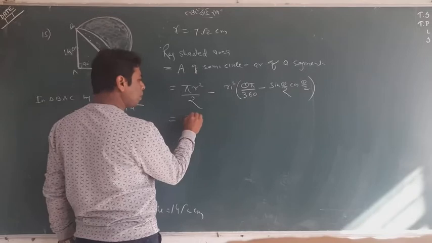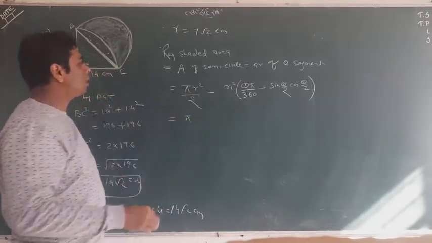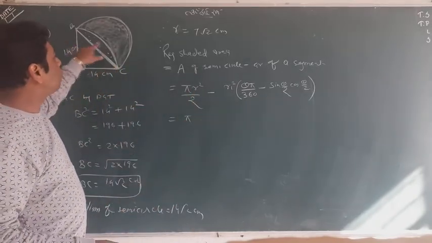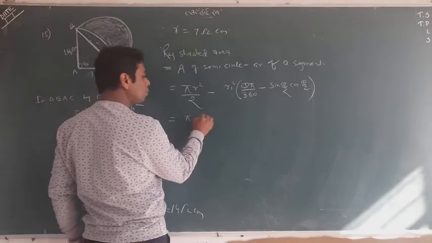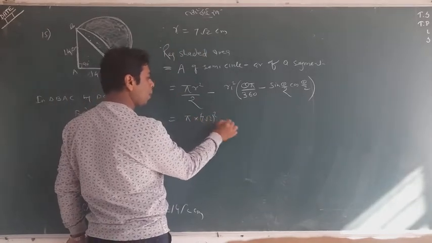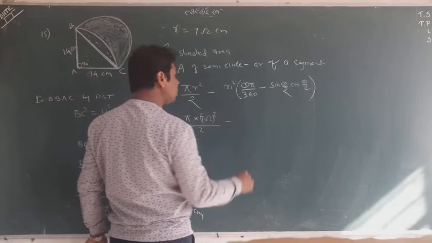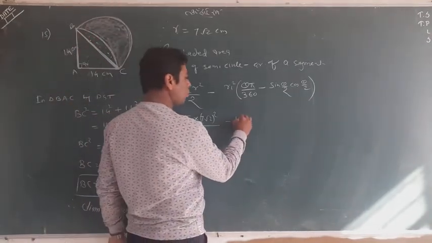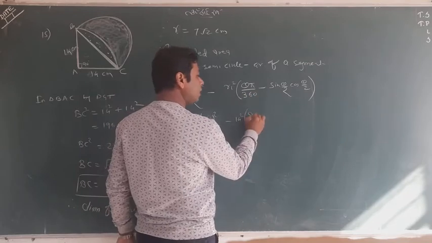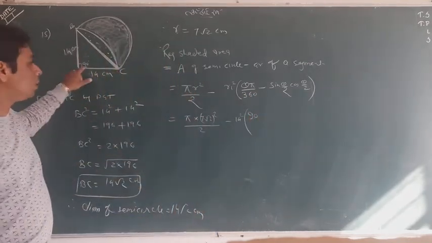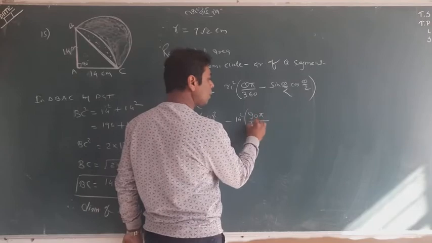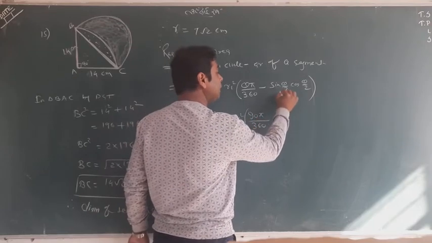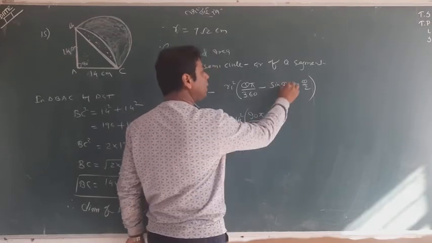R1 I used here. Pi r square, meaning the radius of the semicircle, which was 7 root 2, square upon 2. That R1 is the radius of the sector, which is 14 square. Theta is 90 degrees. I taught you that this is 90 degrees. Pi is pi. 360 is okay. Sin theta by 2, sin 45, since theta is 90.